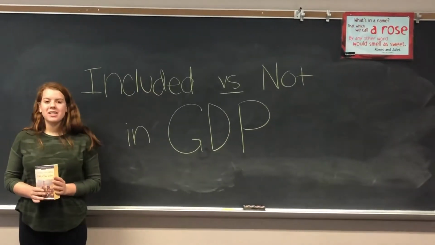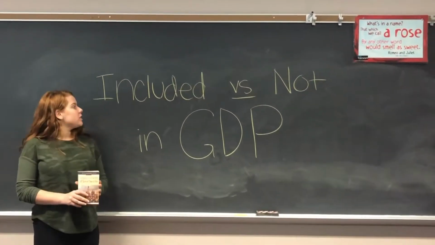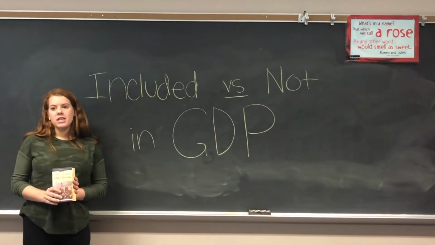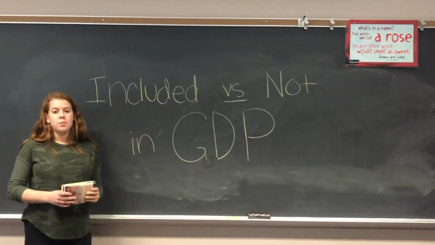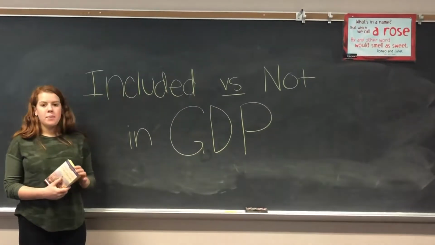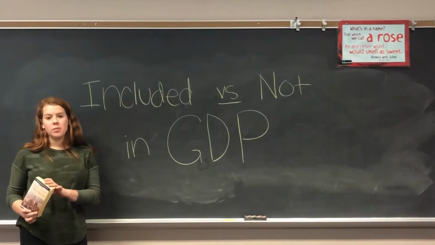Okay, so we already talked about all of the things that are included in calculating GDP, but we just wanted to add that there is a difference between including intermediate goods and final goods in the spending. So basically, if I have this book here, this is the final good because it's what consumers are buying.